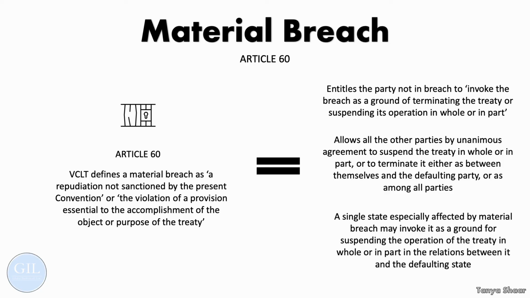Or lastly, a single state especially affected by material breach may invoke it as a ground for suspending the operation of the treaty in whole or in part in relations between it and the defaulting state. So, if a material breach occurs, this can terminate the treaty.